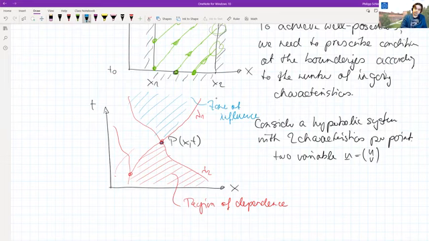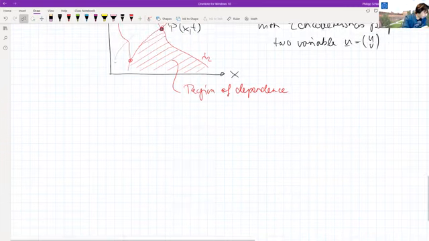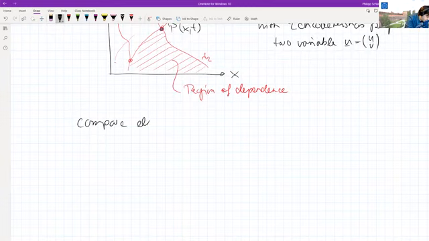Also, this is very specific to hyperbolic problems, because in the context of elliptic problems, we can maybe just make a note to that. So compare elliptic problems.